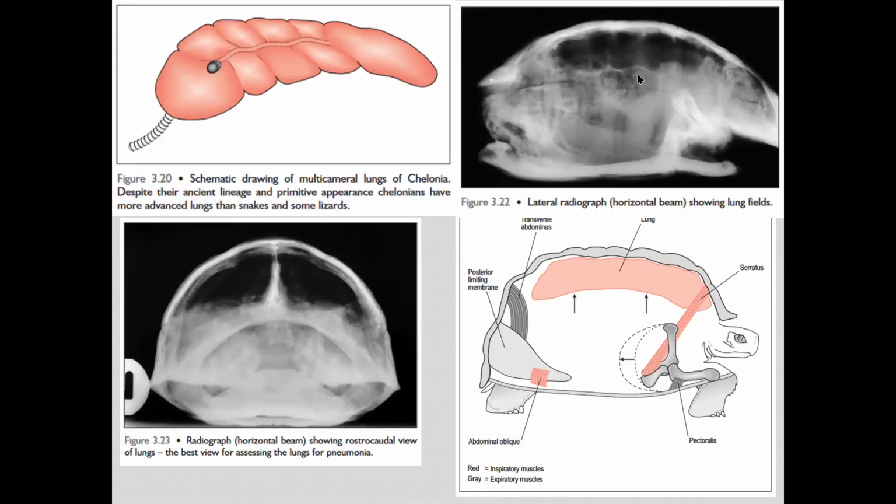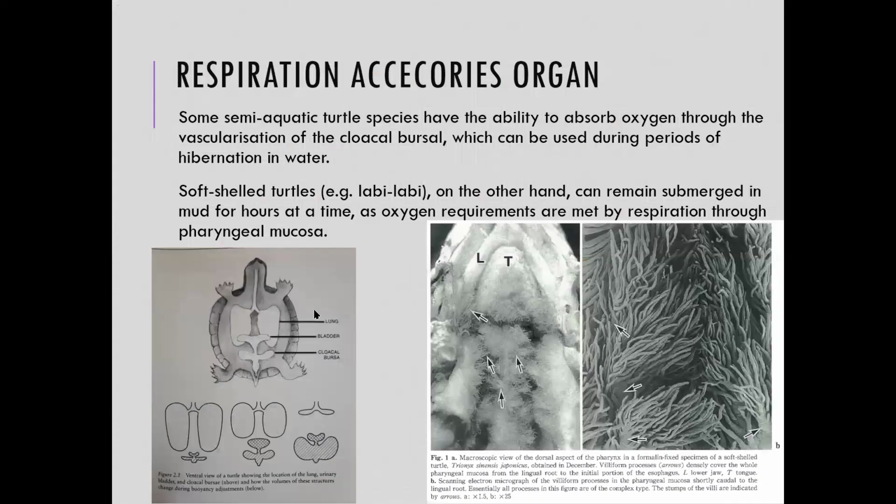The positions to check their lung are lateral and craniocaudal. For craniocaudal, their head is located in the front area before we take an X-ray picture.